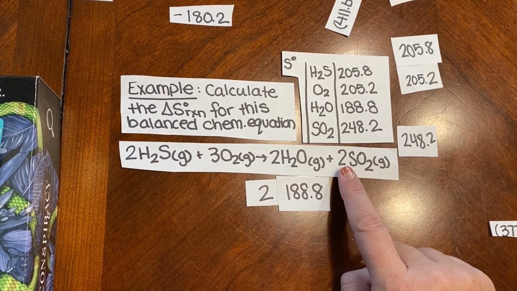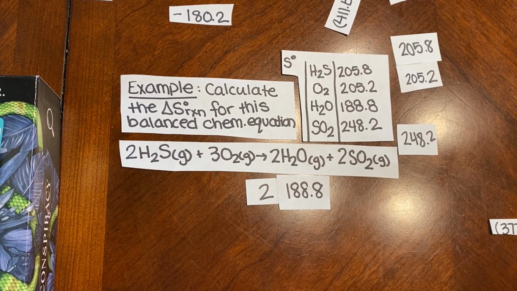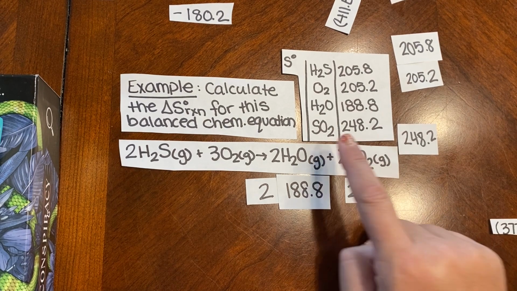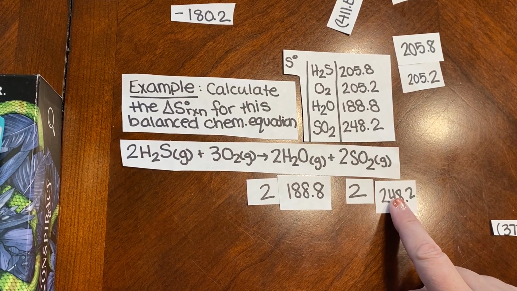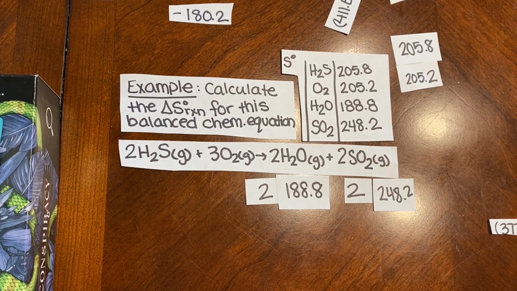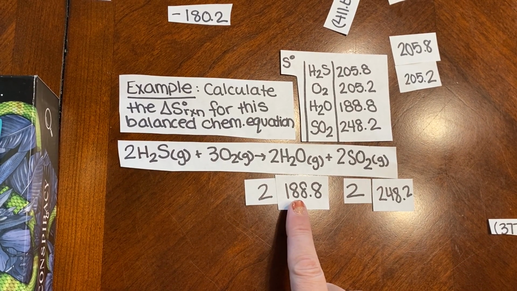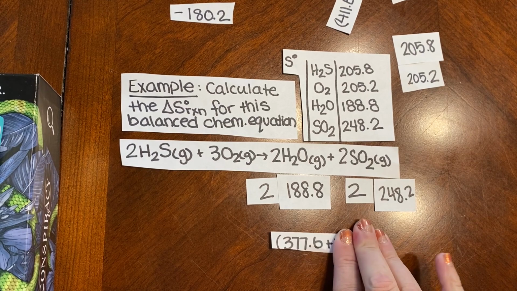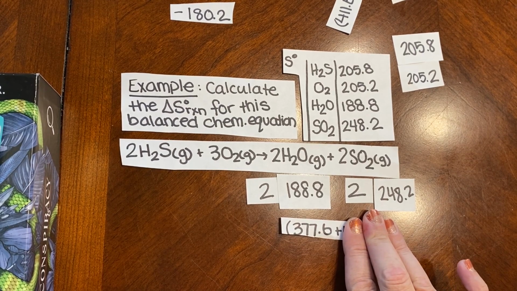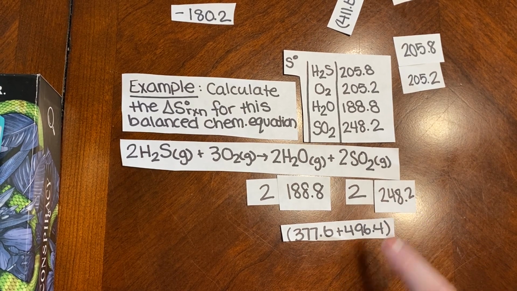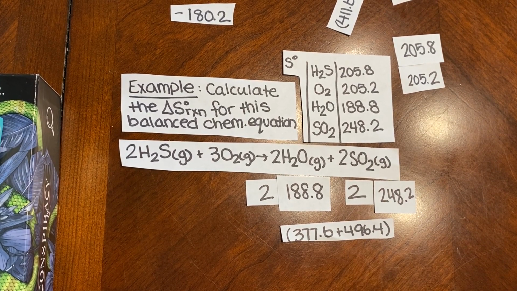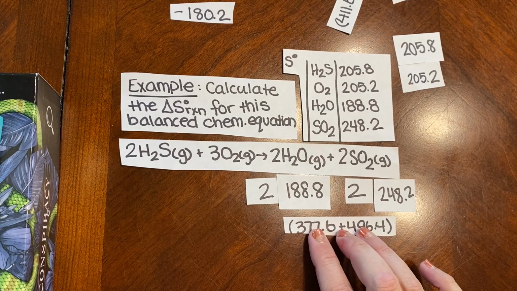I also have 2 moles of sulfur dioxide, and I'm going to multiply by its standard entropy, which is 248.2. Multiplying these 2 values together gives me 377.6. And multiplying these 2 values together gives me 496.4.